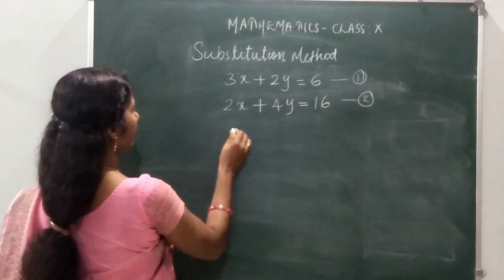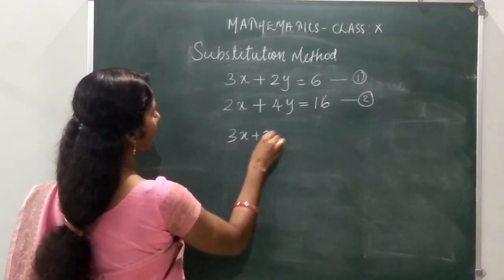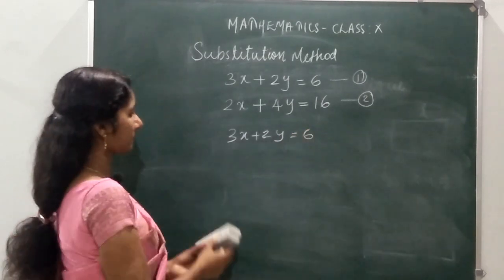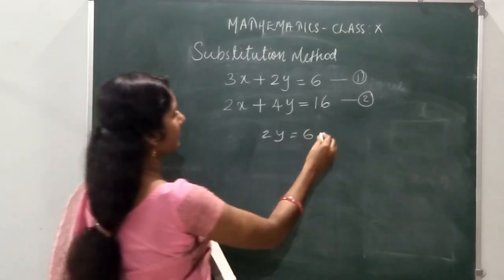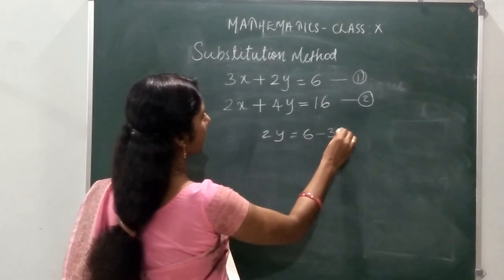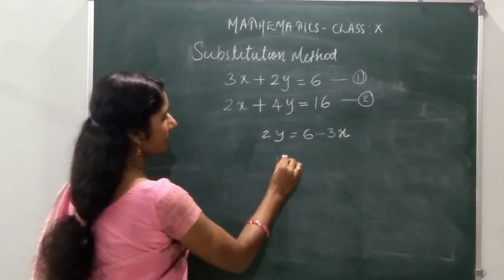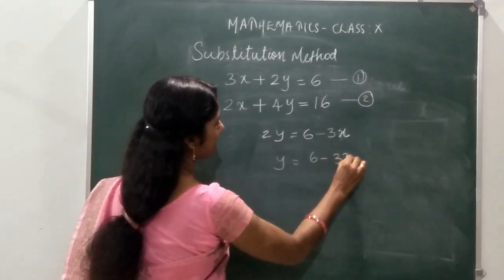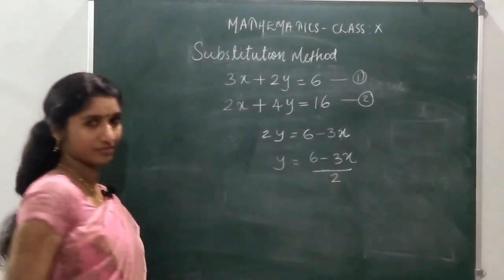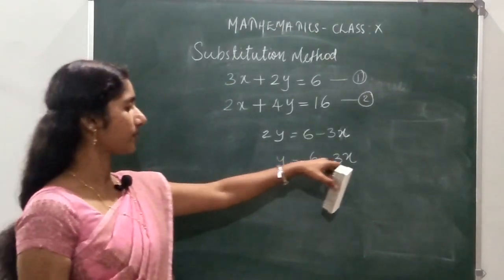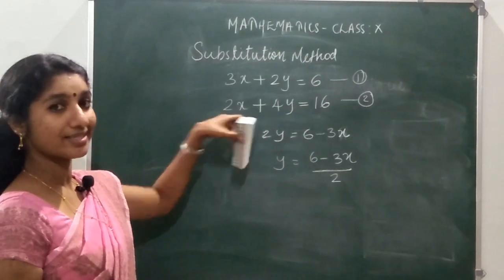From the first equation we have 3x plus 2y is equal to 6. So, in the next step 2y is equal to 6 minus 3x. So, y equal to (6 minus 3x) by 2. We are substituting this in the second equation.